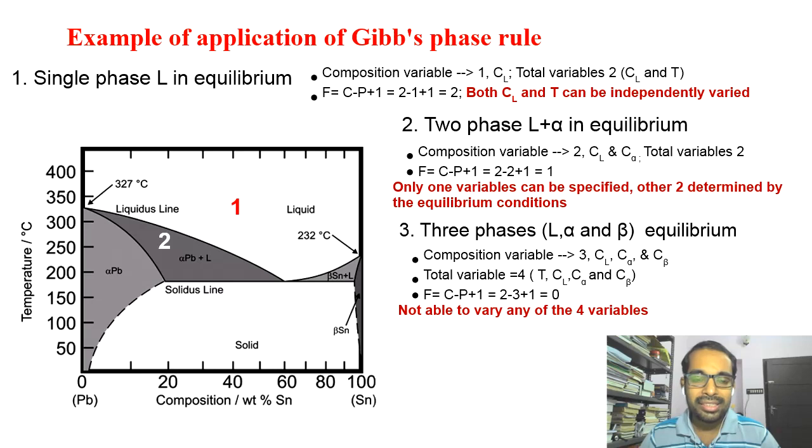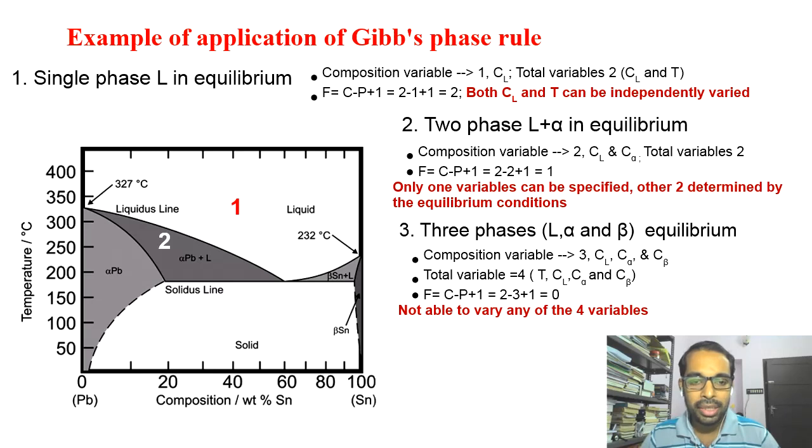Now we consider the second case, represented by 2, the region where alpha and L are in equilibrium, alpha plus L. That is a two-phase equilibrium, so we have the compositions of both phases: the composition of liquid, Cl, as well as the composition of alpha, C alpha.